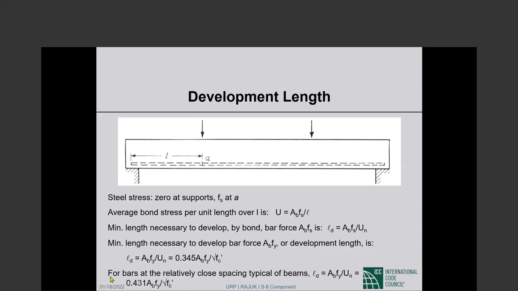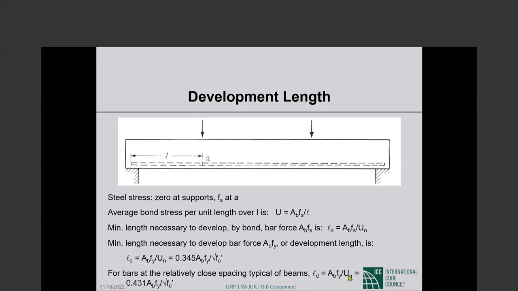For bars at the relatively close spacing typical of beams, the L sub D, which is A sub B F sub Y over the U sub N, which for a single bar is 2.9 square root of F sub C prime.